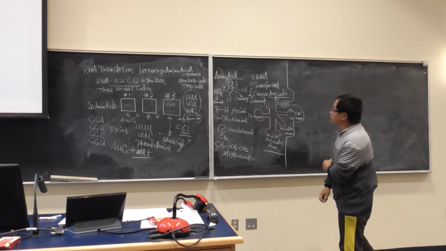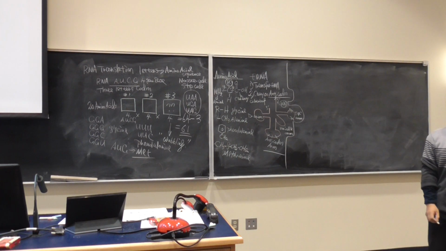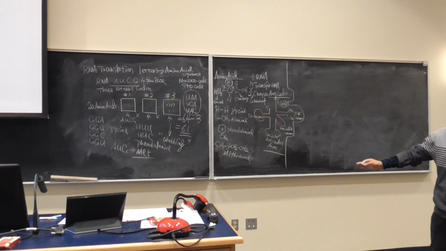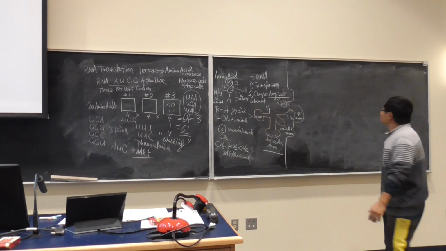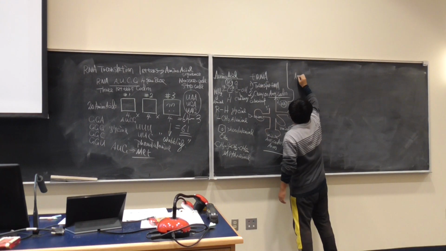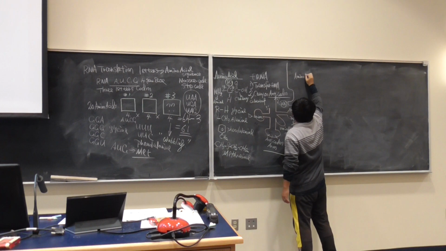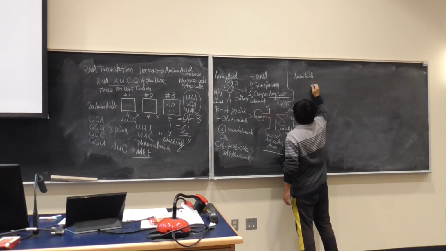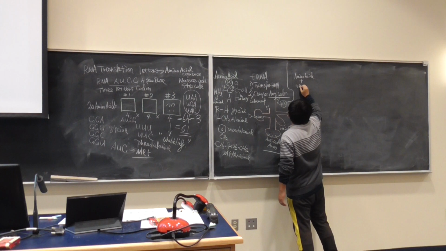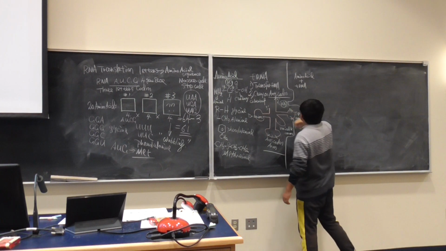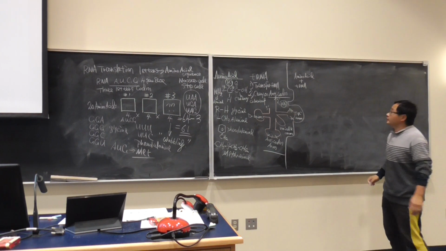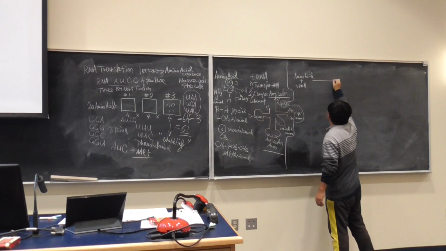When we talk about translation, we need to go back to the structure. Where does the amino acid come from? The amino acid is carried by tRNA. But the tRNA does not carry amino acids for free.